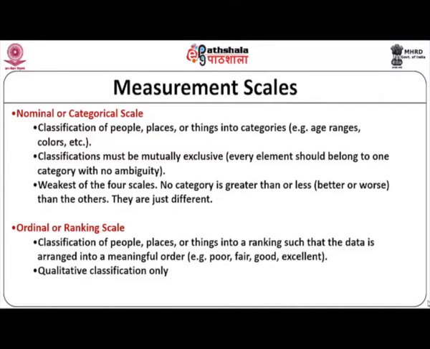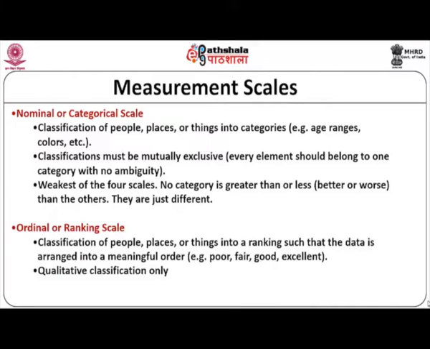The second type of data is ordinal or ranking scale. As the name indicates, ordinal means it is associated to some ranking or order or sequence. For example, I can take say an individual and then I can assign this individual say a class label. The class label may be poor, fair, good or excellent.